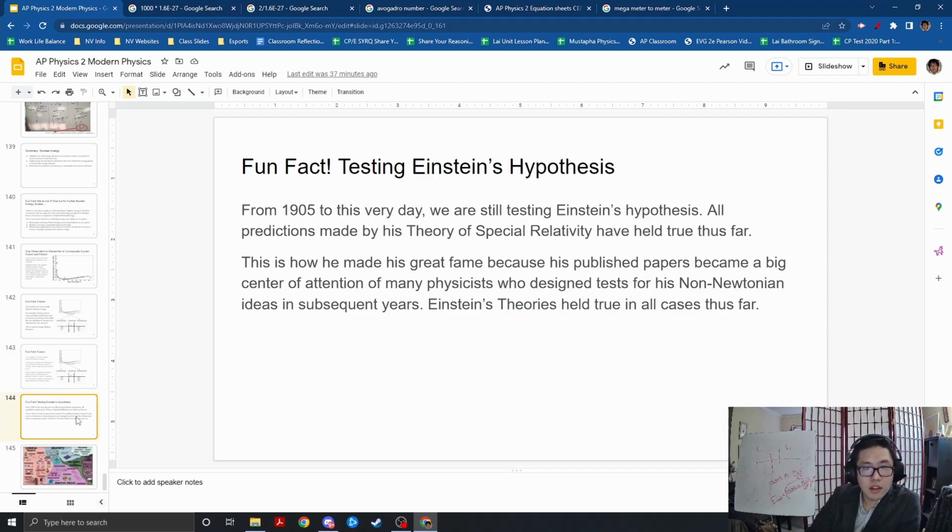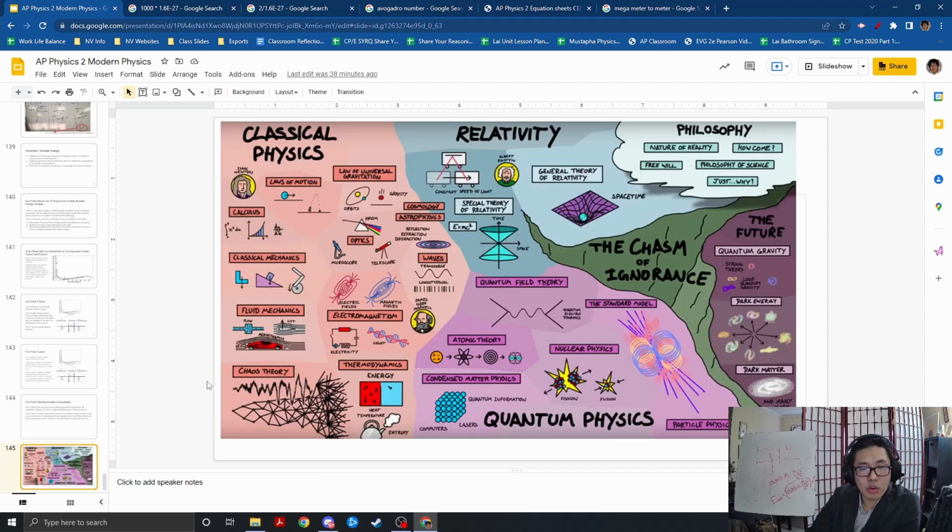To this very day, we're using a lot of Einstein's ideas from 1905, and we've tested them in multiple ways, and we have yet to find any big breaks from his current ideas.